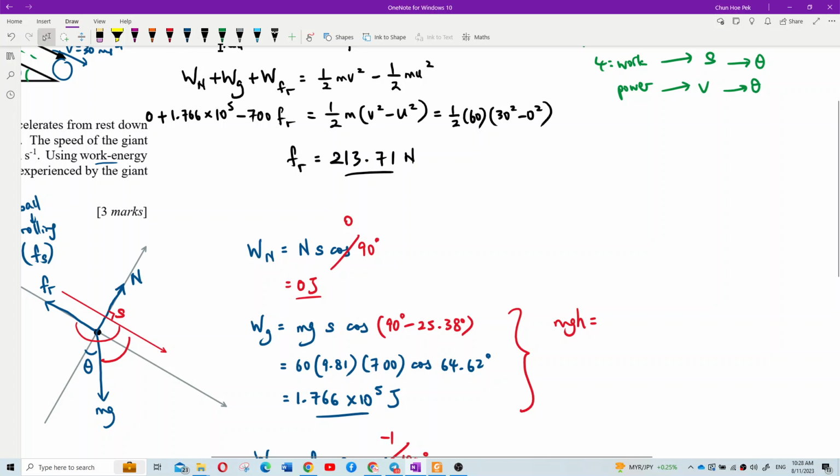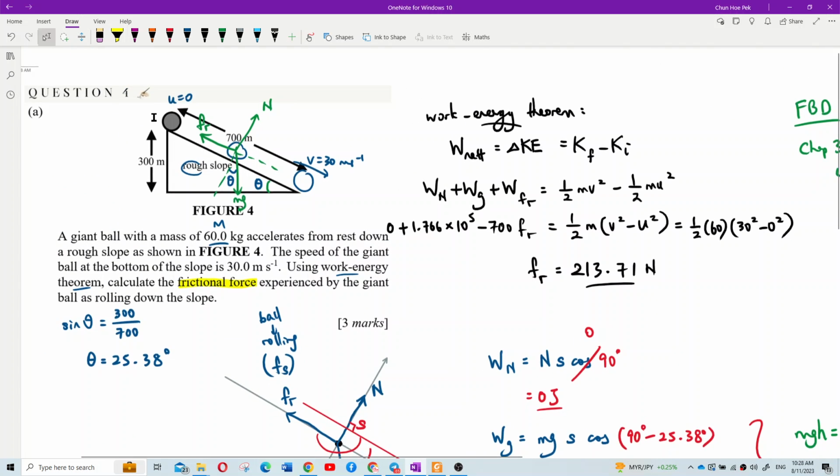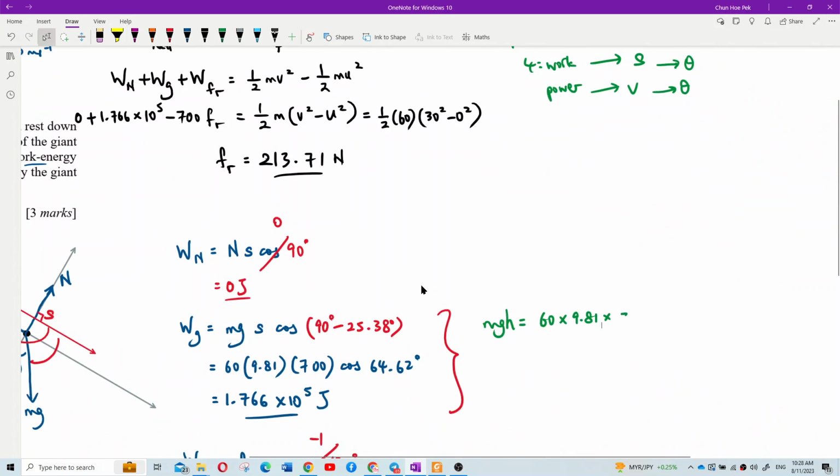Okay, let's try it. What's the mass? 60. Gravity 9.81. What's the h? 300. Multiply and see. So 60 multiply 9.81 multiply 300.